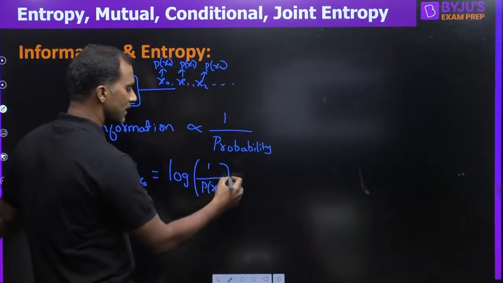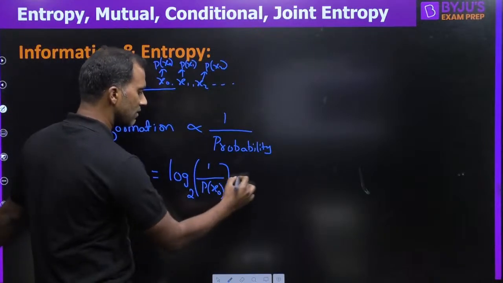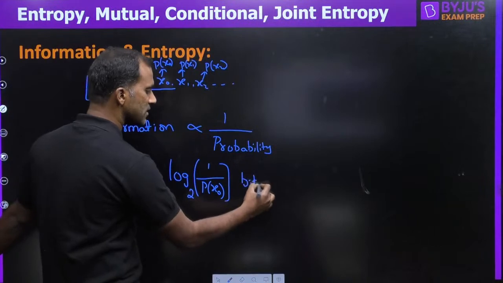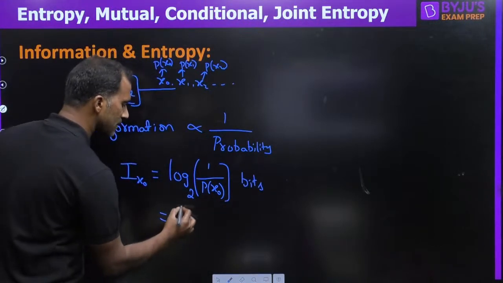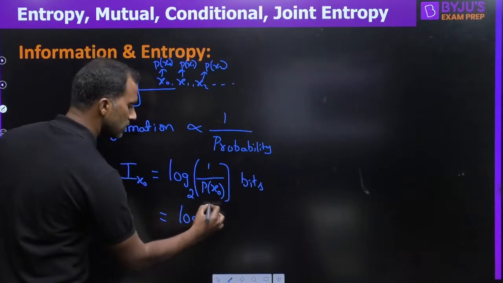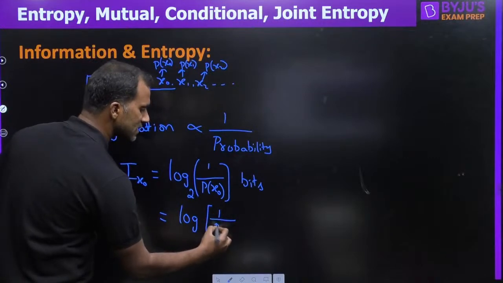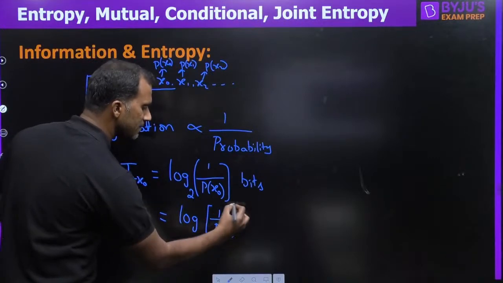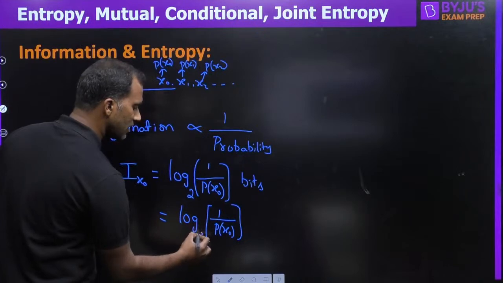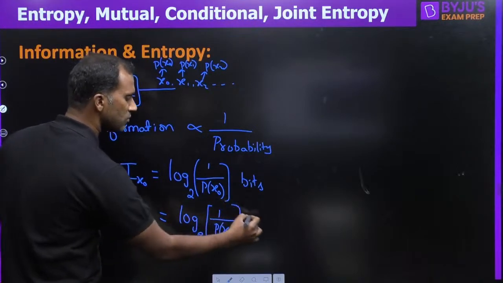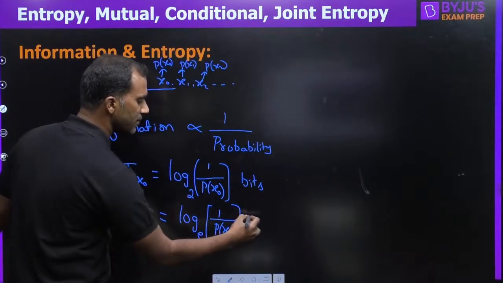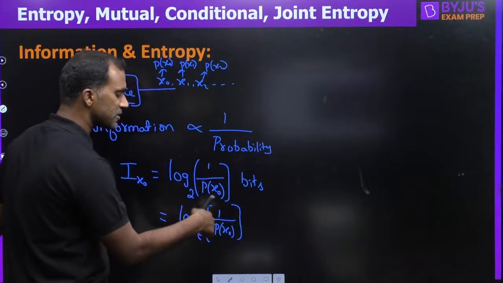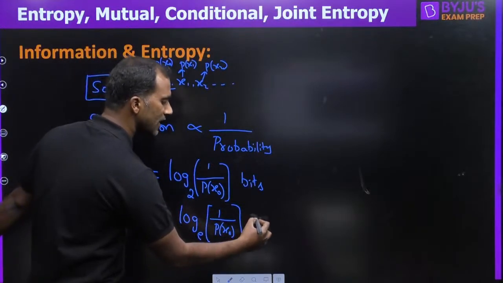If, for example, the base is 2, we measure the information in terms of bits. Similarly, the base can be others also. Any base can be used basically, but the general bases that we use are e, 10 and 2. If you are using the base as e, then the information that we calculate should be measured in nats.